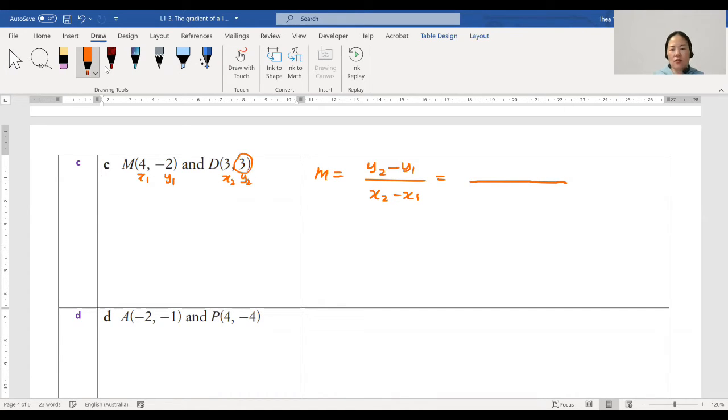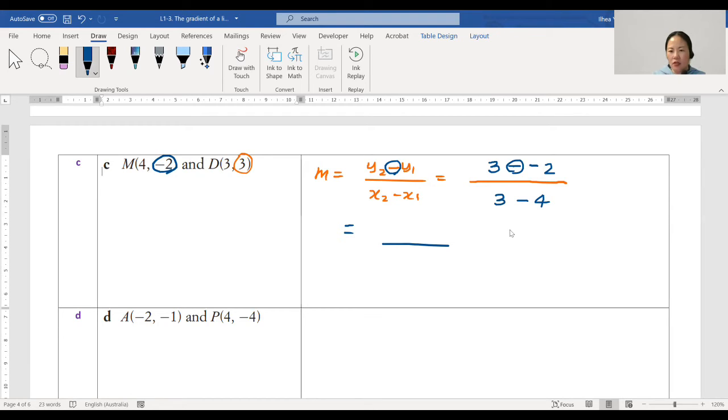So y2 is 3. Which one is my y1? Minus 2. So I'm going to write a minus 2. Can you see we've done the minus there? It's this one. But because it's got minus 2 here, you've got to do minus 2 again. What's my x2? 3. And what's my x1? 4. Yeah. So let's tie this one up.